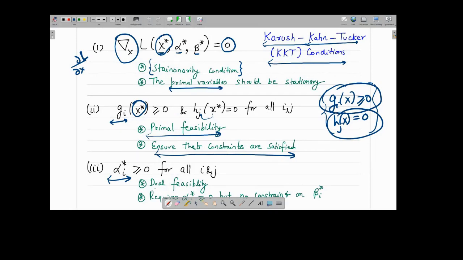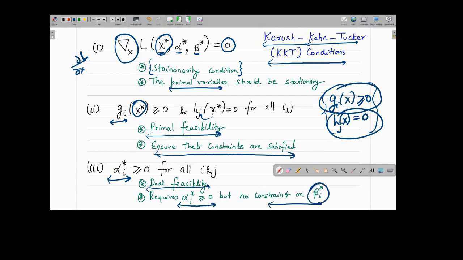It is also called dual feasibility. What it is saying is that your alpha_i has to be greater than or equal to 0, and there is no constraint on the beta_i star which you will get. So it will still remain the same.